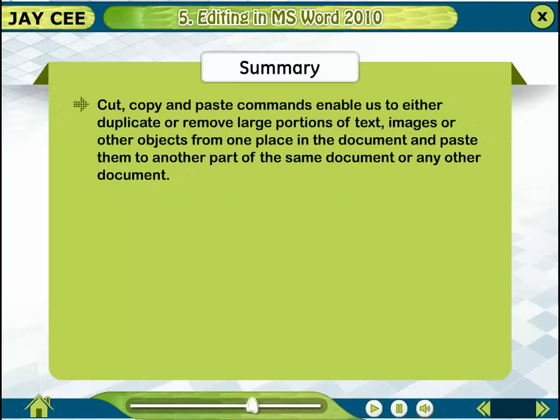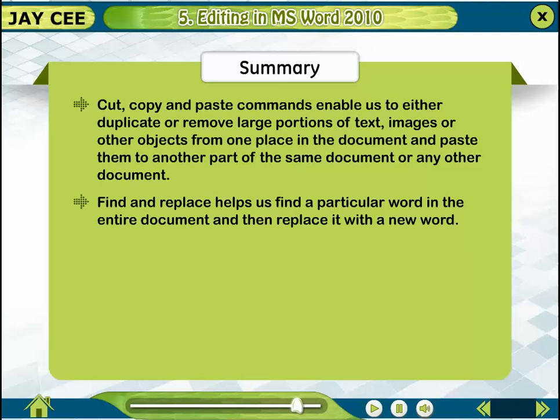Cut, copy, and paste commands enable us to either duplicate or remove large portions of text, images, or other objects from one place in the document and paste them to another part of the same document or any other document. Find and replace helps us find a particular word in the entire document and then replace it with a new word.